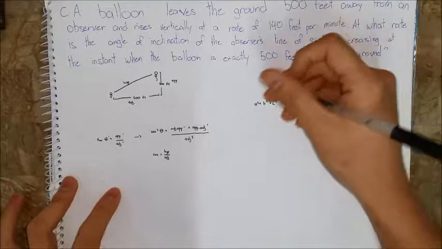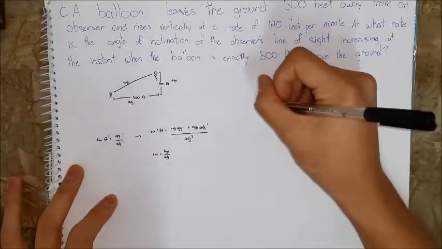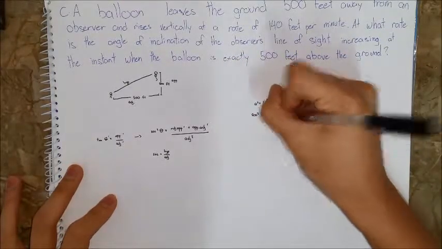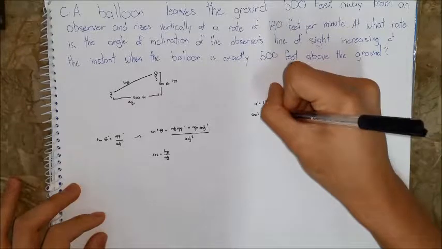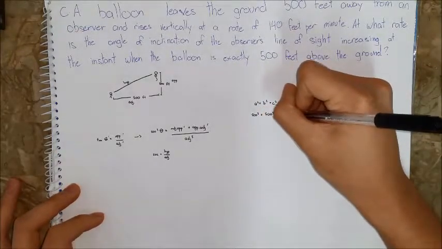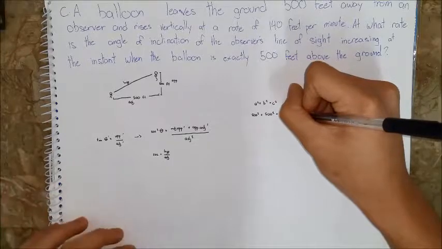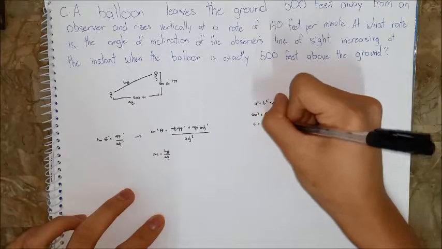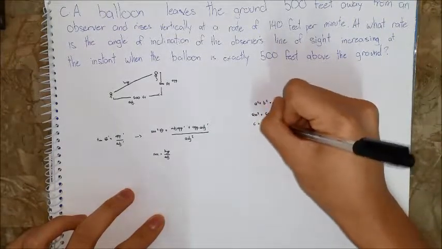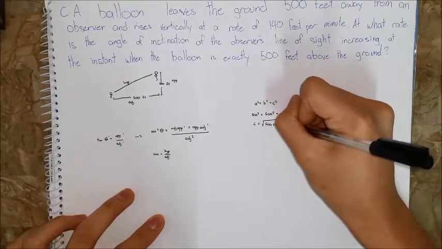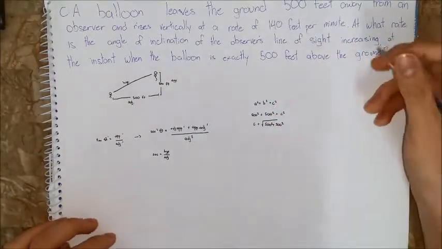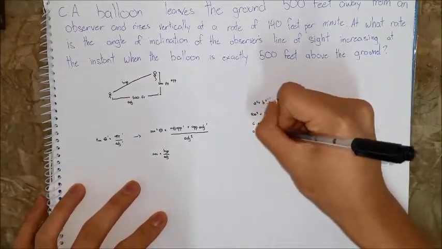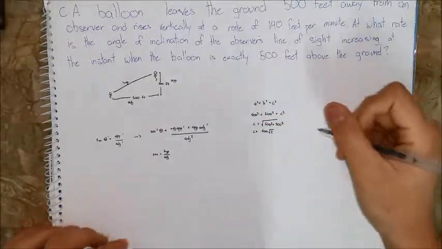Just to label them, a squared can be the adjacent, so 500 squared, plus b squared, the opposite, which is 500 squared. And c squared, the hypotenuse, is what we are trying to find. So c equals the square root of 500 squared plus 500 squared. So this is just 500 times the square root of 2.